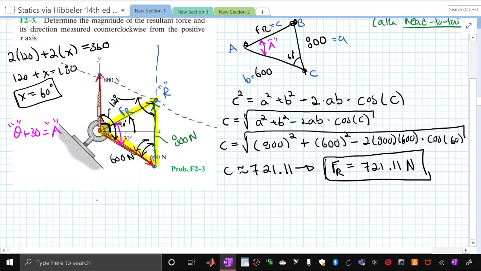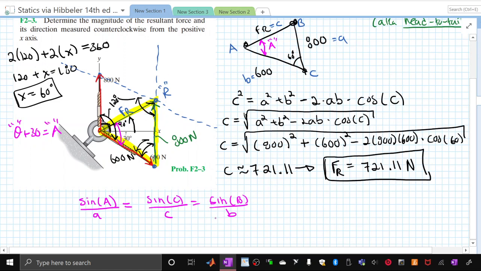So the law of sines, remember, is the sine of A over a equals the sine of C over c. Now this is also equal to, just for completeness, the sine of B over b. But we do not know angle B, and honestly we don't need it.